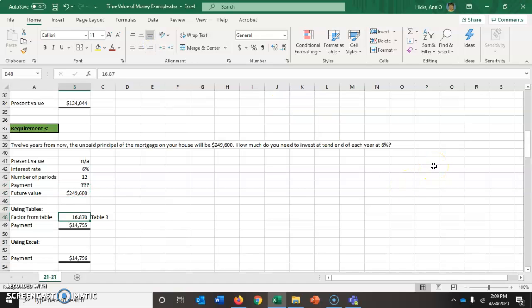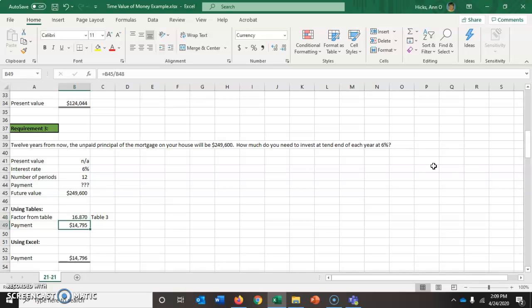So what we're going to do here is go to table number 3, which is the future value of an annuity. An annuity is a periodic payment of equal dollar amount. The table's set up in exactly the same fashion, with 6% interest rates across the top and periods down the side. We will find the intersection of 6% and 12, and that will be our factor of 16.87.